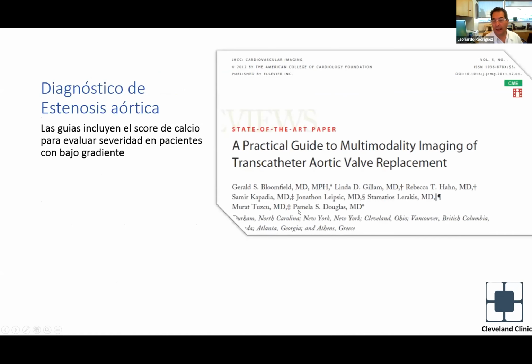Ha habido una cantidad de artículos, este es solamente uno de ellos, esto ya tiene varios años, pero ya ven ustedes que ya ha habido uso y discusión de las múltiples modalidades, y obviamente hay ecocardiografistas, intervencionistas y de otras modalidades que han atacado este problema.